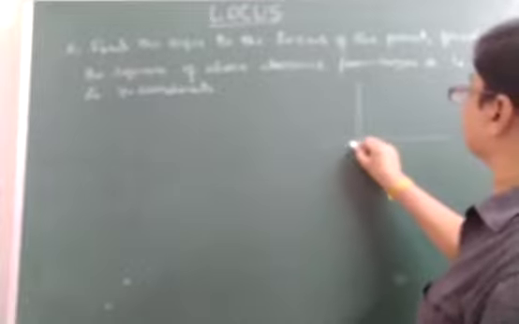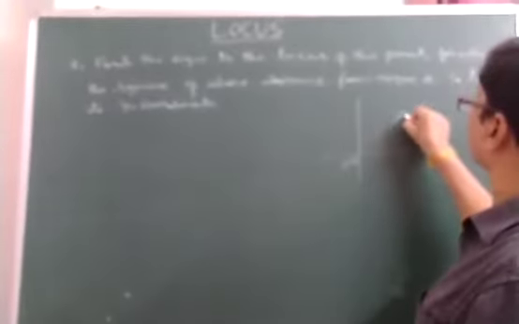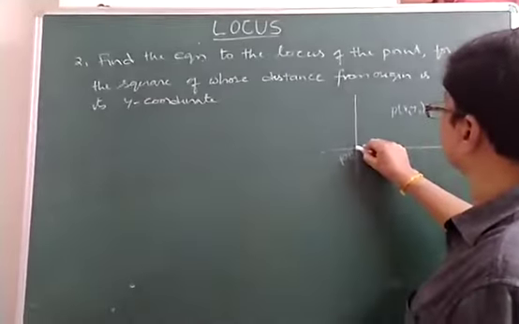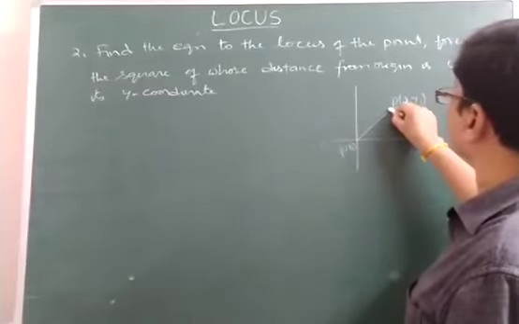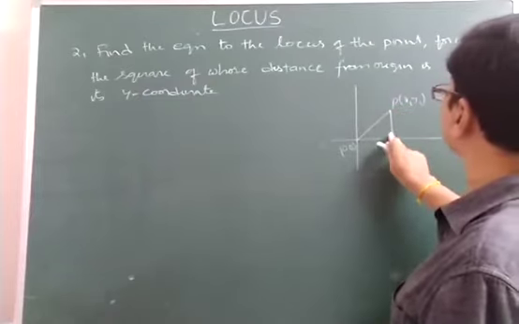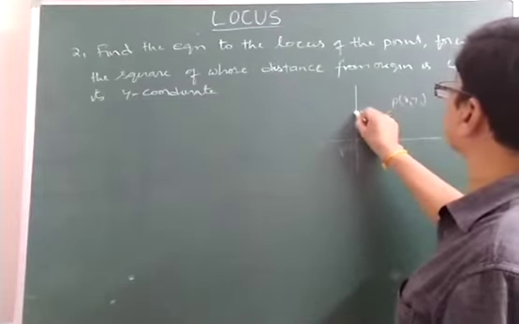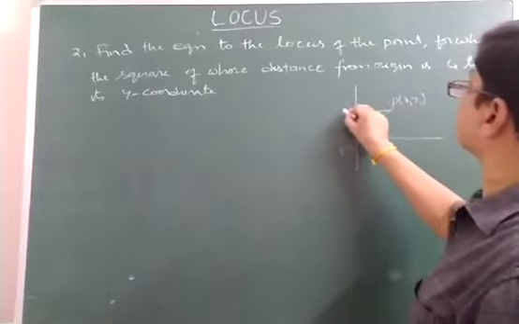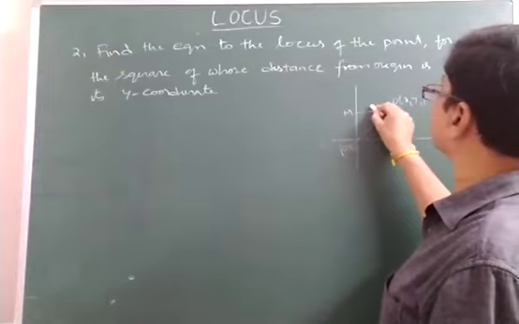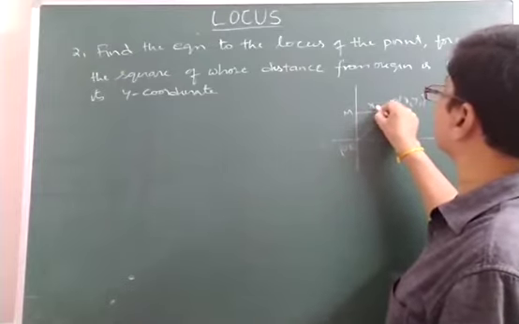This is the origin. P (x1, y1) is a point in the first quadrant. The distance from P to the y axis is always equal to x1.